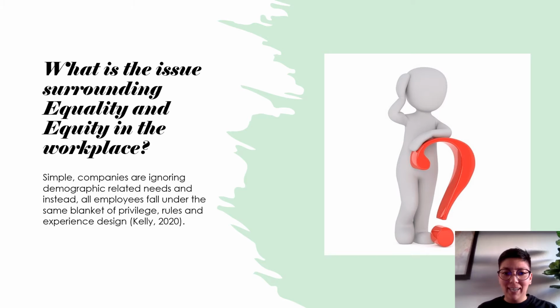Now, Forbes has a step-by-step guide of what you need in order to reach equity. The first thing you need is diversity. You need to have a diverse population, because you're not going to be able to research these demographics if all your employees are kind of the same. So first we need diversity and inclusion, and then equality. But then from that equality stems the equity.